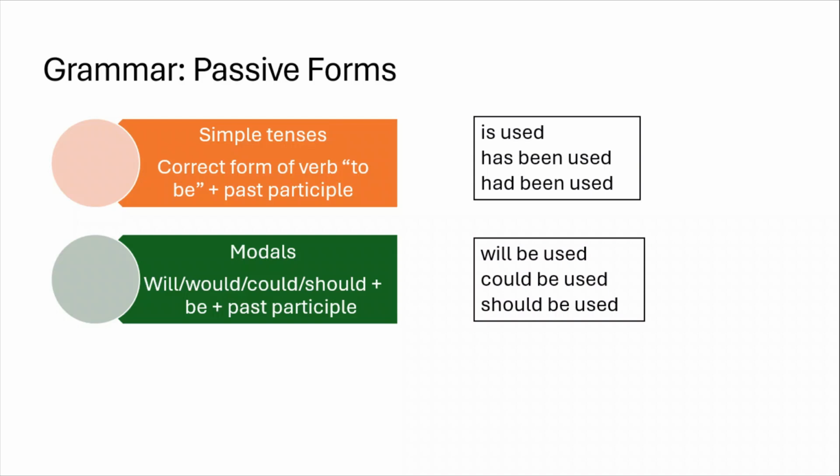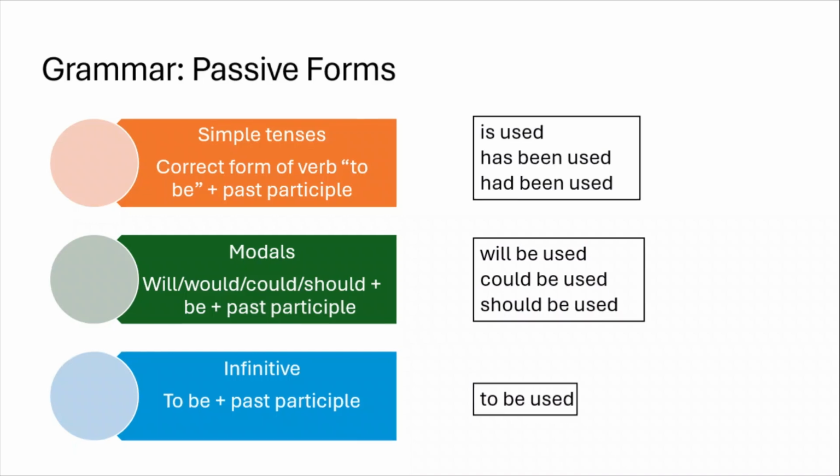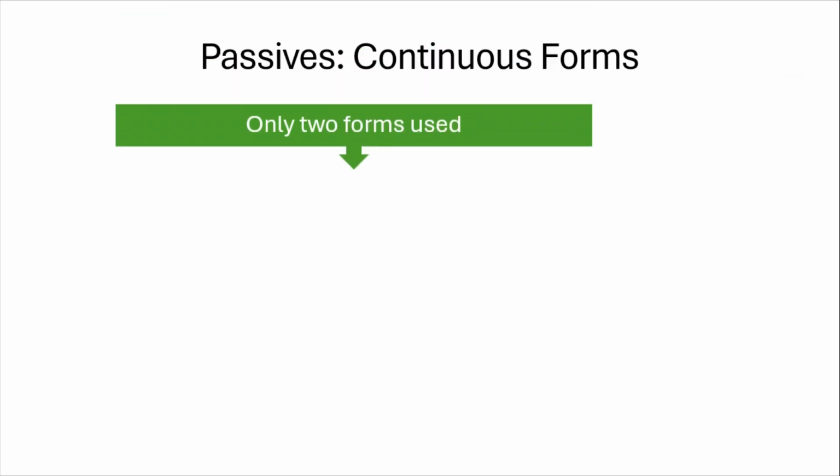We can also create passives with modal verbs, and in this case we need to use will be, could be, and then use the past participle. And then finally we can create an infinitive. And the way we create an infinitive is the verb to be plus the past participle, and then we have to be used.